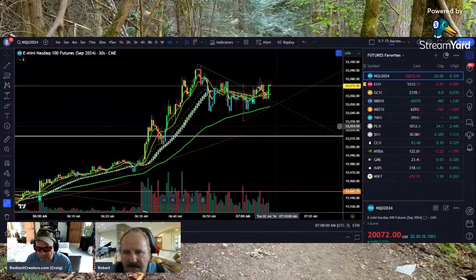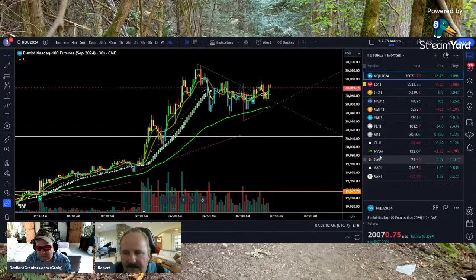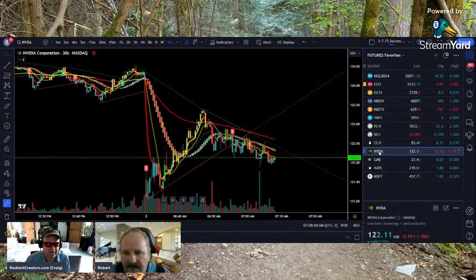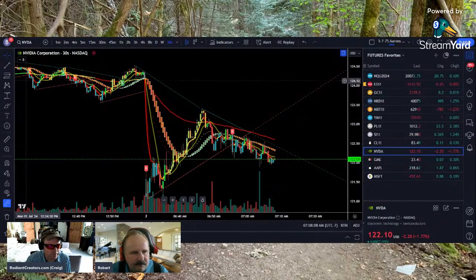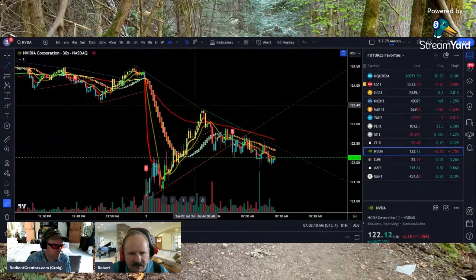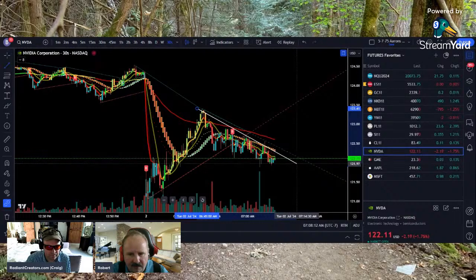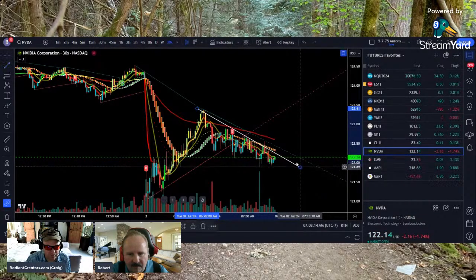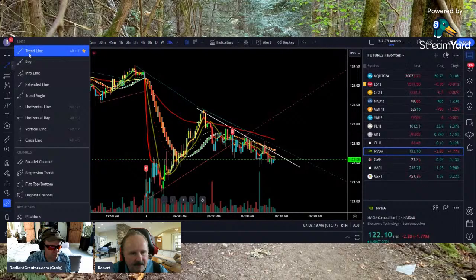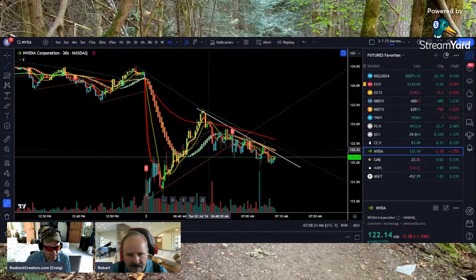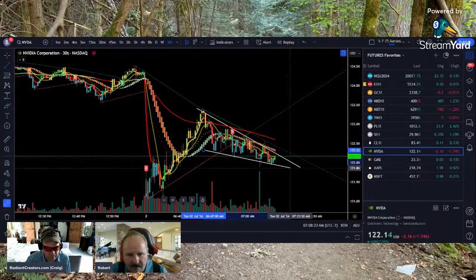Wow, Nvidia is actually down this morning. This almost looks like a falling wedge. Maybe not quite, but yeah, it could be.